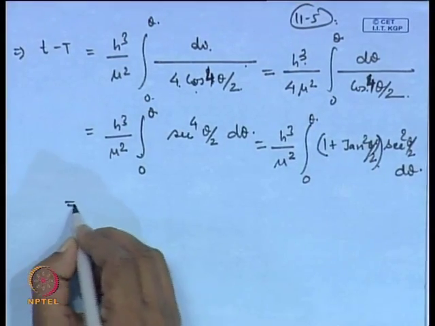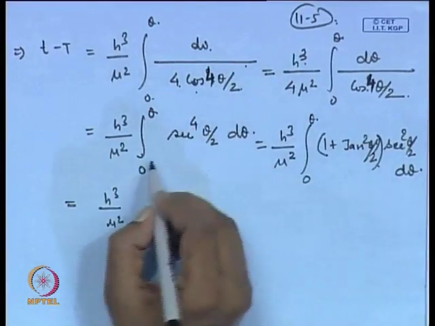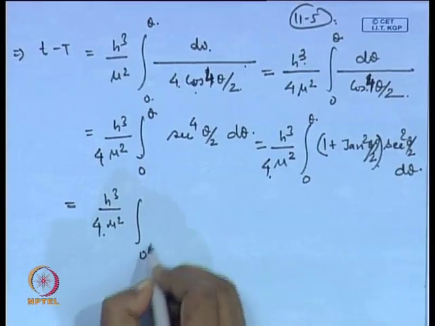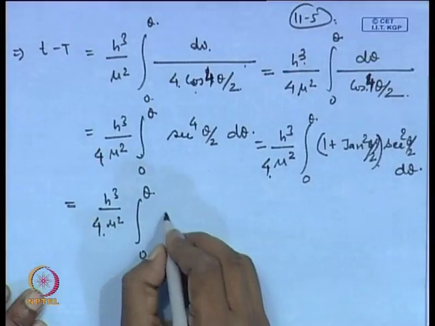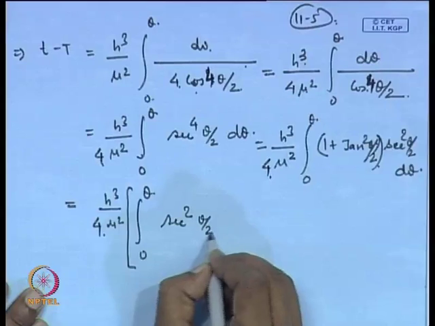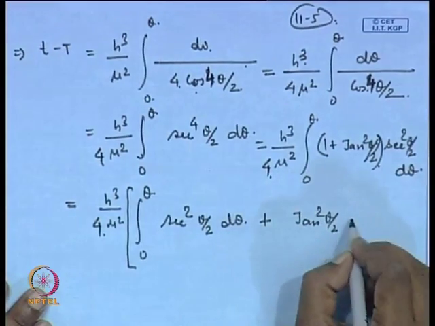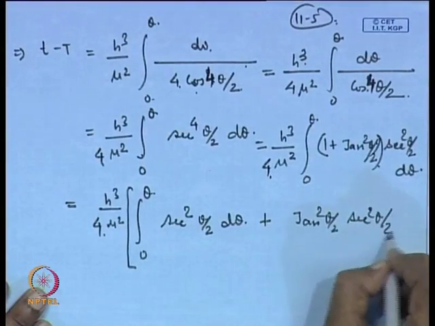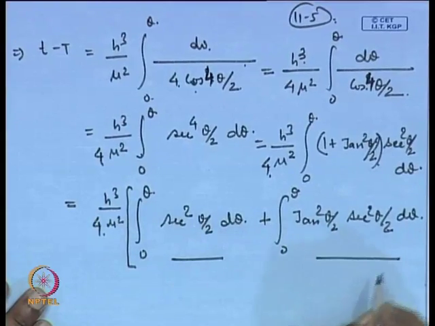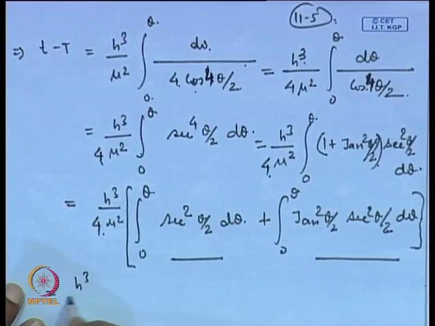We break this into two terms, h cubed by 4 mu squared, with 4 taken outside: the integral from 0 to theta of sec squared theta by 2 d theta, plus the integral of tan squared theta by 2 times sec squared theta by 2 d theta. These are broken into two simple integration terms.